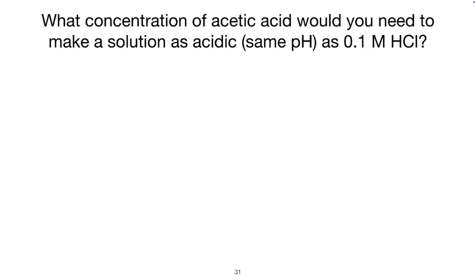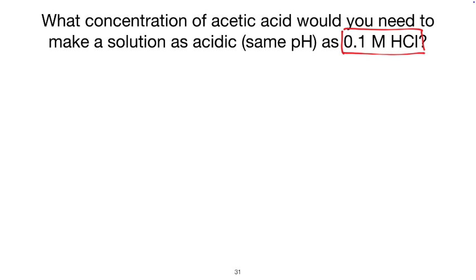So if we're now hitting a question, what's the concentration of acetic acid that you need to make a solution as acidic as a 0.1 molar HCl? Well, when it says 0.1 molar HCl, what is that really telling us? Concentration of what?